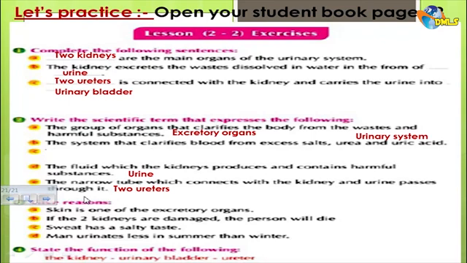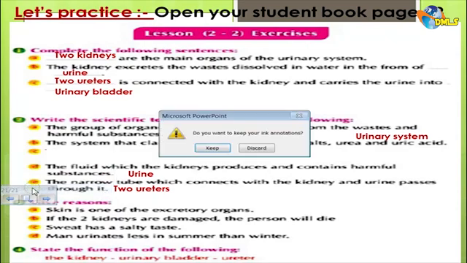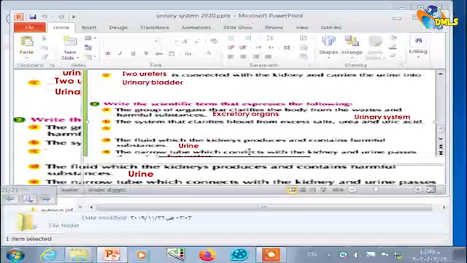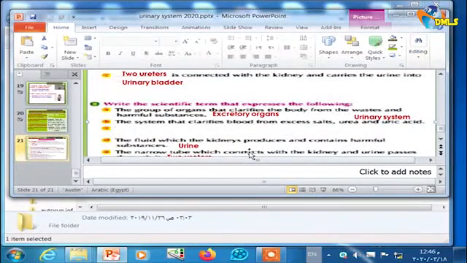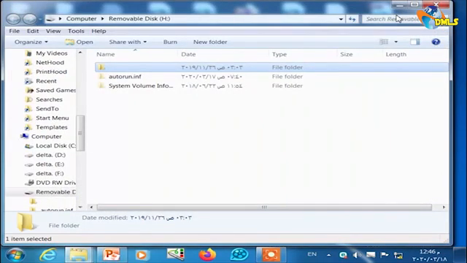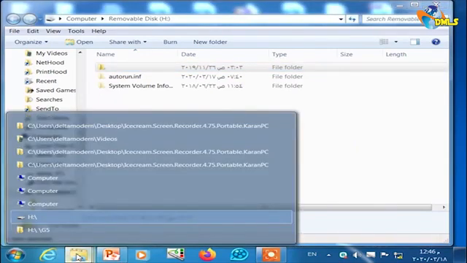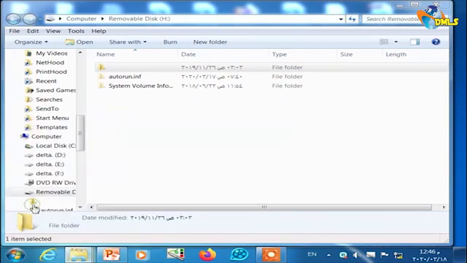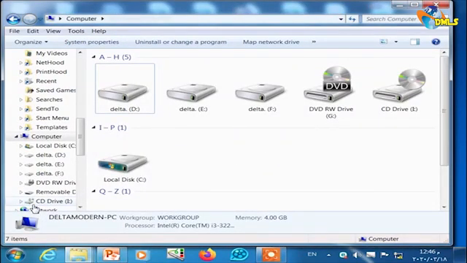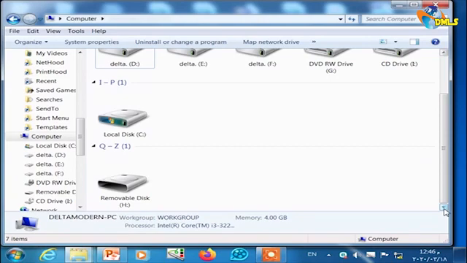Open your student book, page 39. You have 5 minutes to answer questions number 2 and 3. Five minutes only. Try to answer.